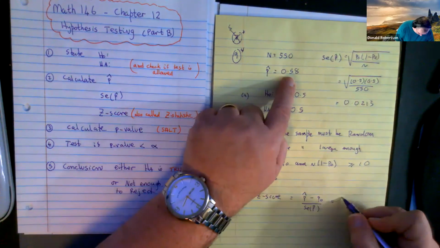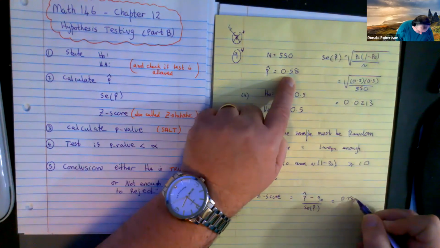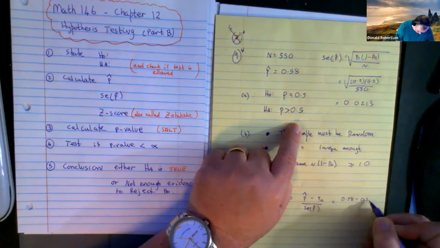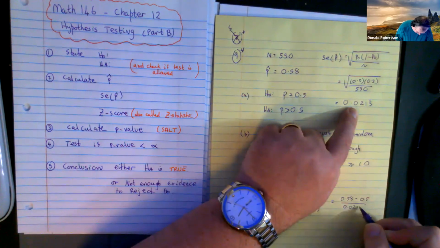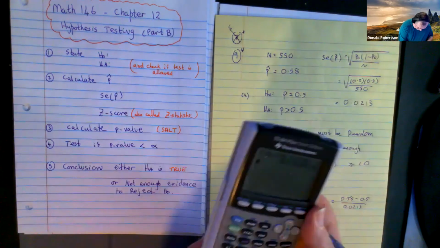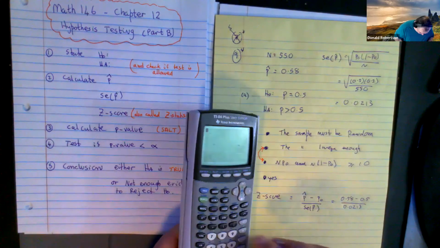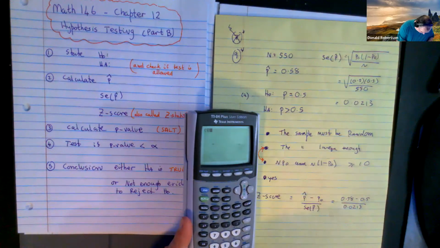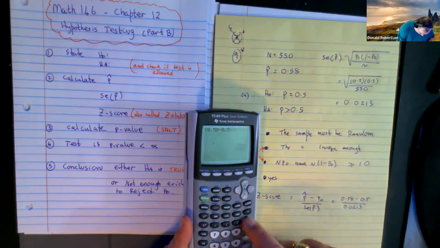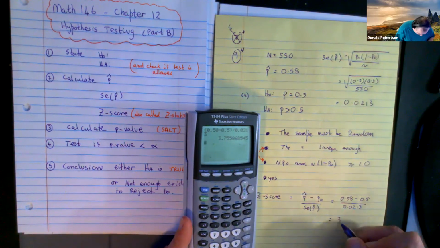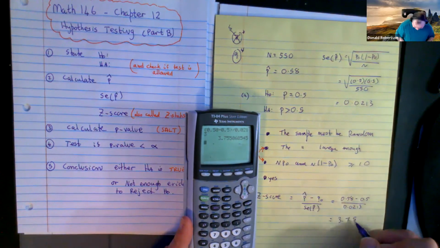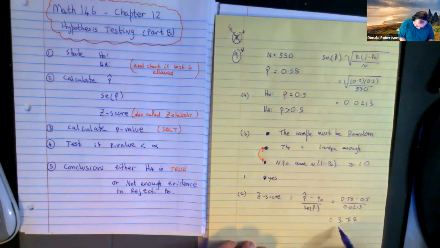That's 0.58 take away 0.5 over this guy, and that's the one I'll do with 2 decimal places. So 0.58 take away 0.5, divided by 0.0213, and the answer I get is 3.75. Now I'm happy.